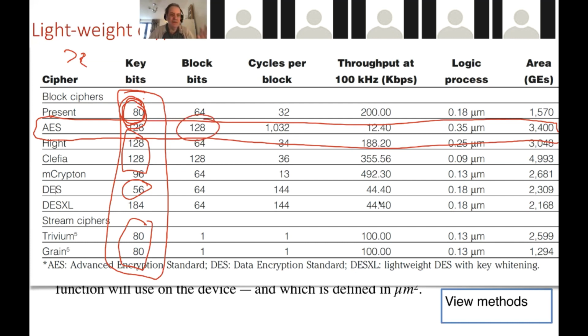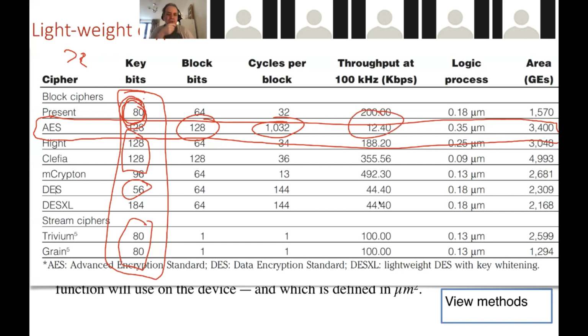footprint? It has a big block size, 128, 32 bytes in there. It is chewing up lots of cycles per block. Just to process that block, every tick of the clock is a consumption of power in some way. So it's really eating up there.